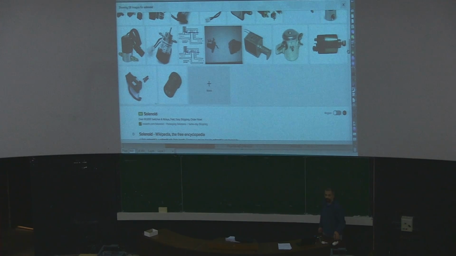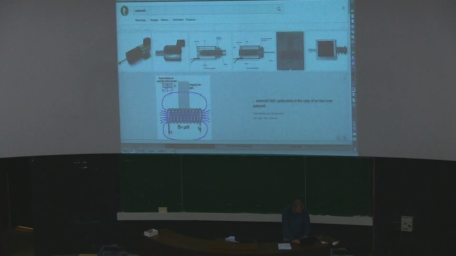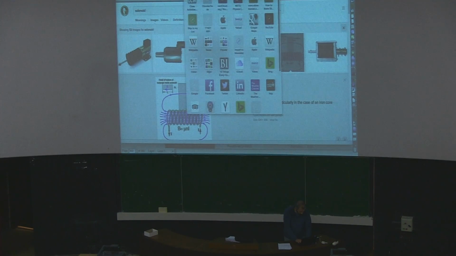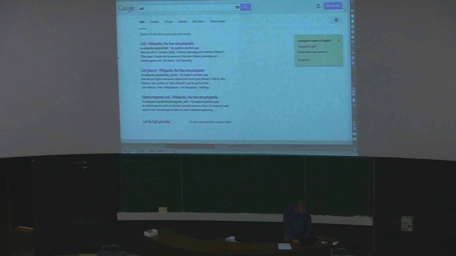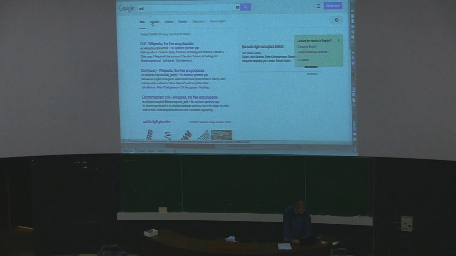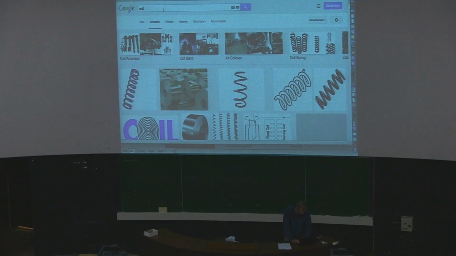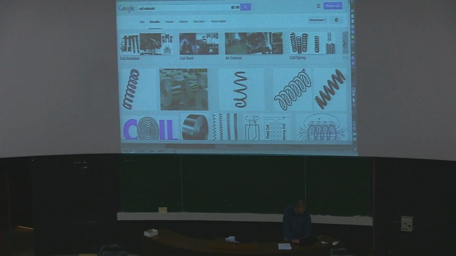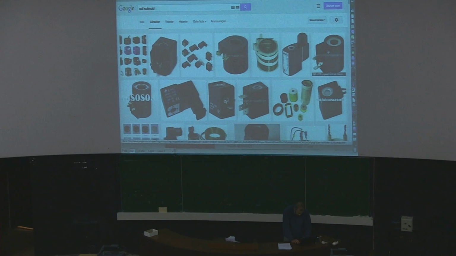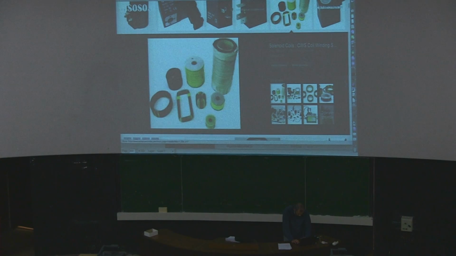Those of you who looked at it from close by saw that there was this coil. Let's look for coil. Okay, this one. Actually, these are all solenoids. They don't have these gaps, as in the case of the suspension.